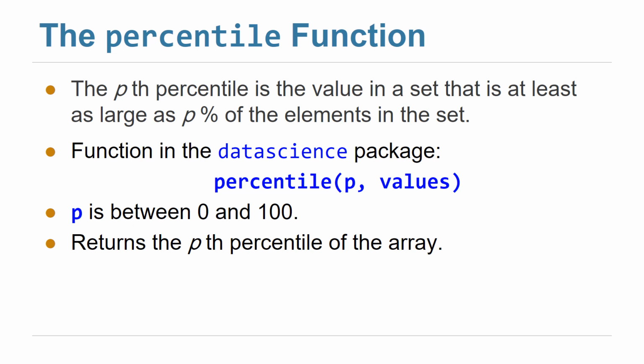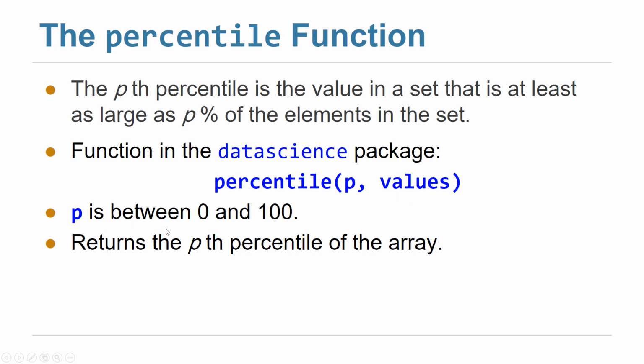In the data science package, there is a function that can compute that for us. It's called percentile. So percentile takes two parameters, p, which is the percentile that we want to compute, and the array, the values in an array.